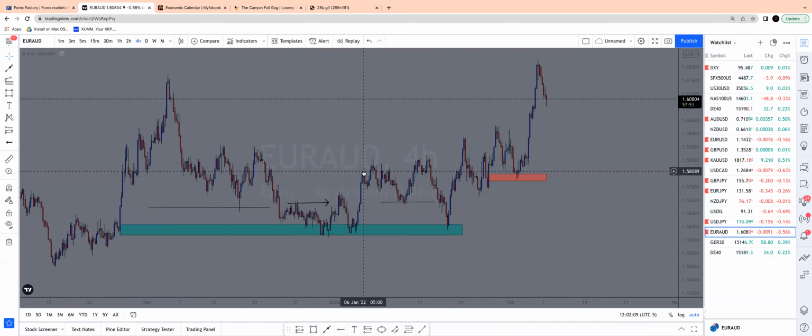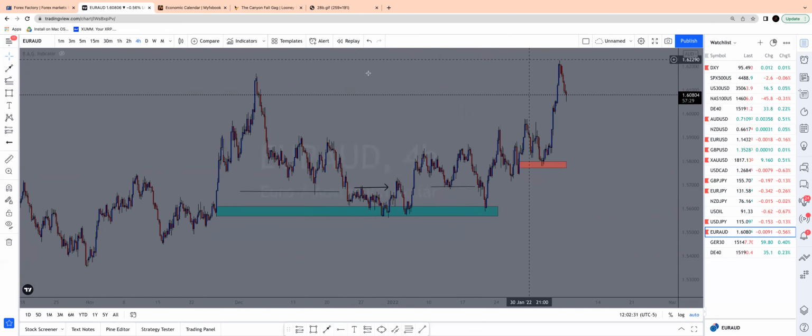Then they broke out the second time and they kept the range, pulled back in here, made good use of this pocket, bounced off of it, broke structure again, boom, started ranging, pushed higher, boom, retraced back into the pocket of liquidity, and then boom, big move.